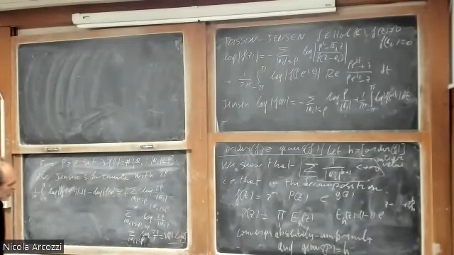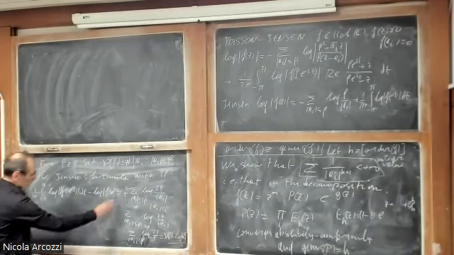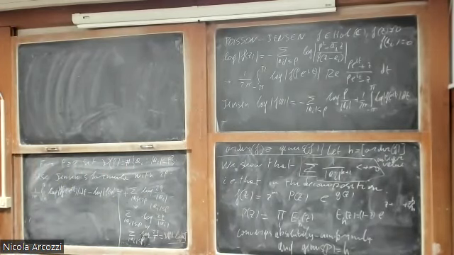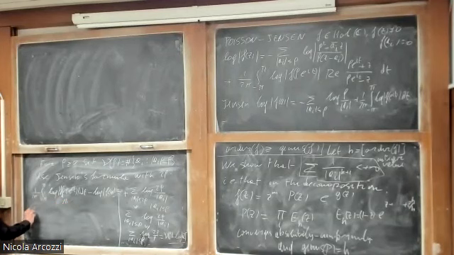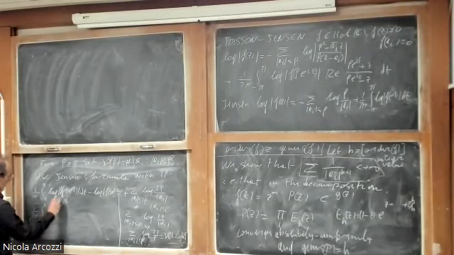So on one side we have this one, and on this side this is less or equal, I want to adjust on something. Okay. So this term which is here. On the other hand, this is less or equal than 1 over 2 pi times the logarithm of the maximum modulus.